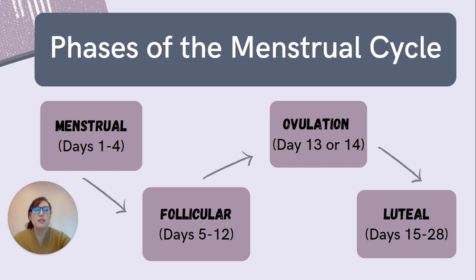And the corpus luteum disintegrates in a very timely manner over about 14 days. So if there is no pregnancy, the corpus luteum gradually disintegrates, leading to a drop in progesterone. And that causes the cycle to start all over again. And this happens about every 28 days.